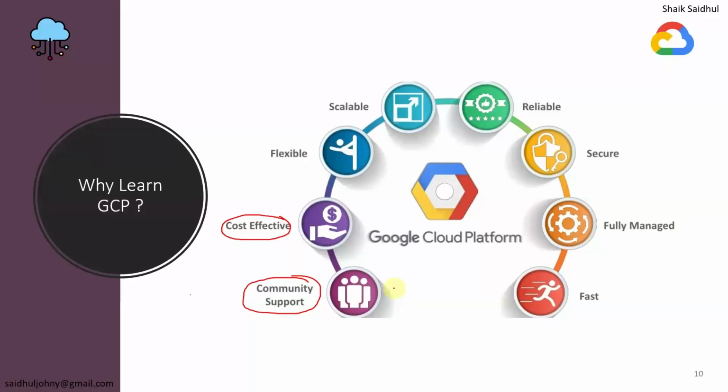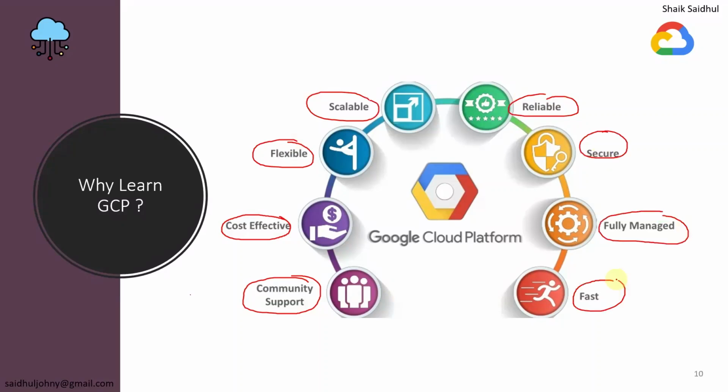These services are cost effective, and they are flexible, scalable, reliable, secure, fully managed services also, and the interface is very simple and fast. Okay, all of these features you may not understand at this point of time. In the upcoming sessions you will see what is scaling, what is meant by flexibility, what is meant by fully managed, all of these things which we are going to see in our upcoming sessions, don't worry.